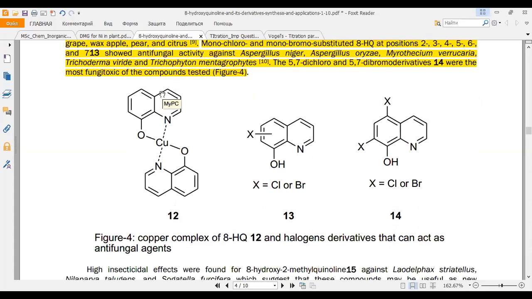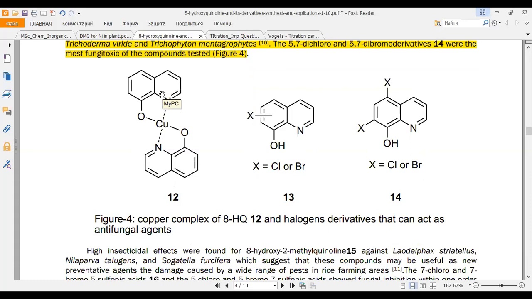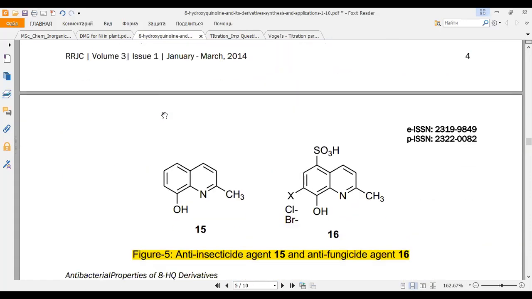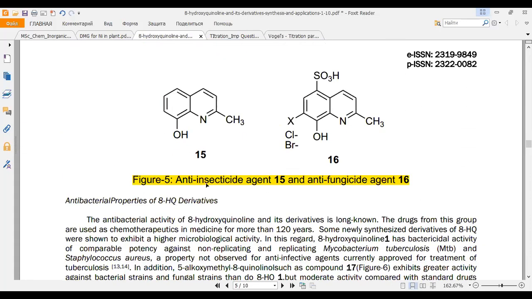So you can see the compound of Cupferron, compound of 8-hydroxyquinoline can be used as a fungicide. The derivatives can also be used as insecticides to kill insects, and as fungicides. So these are the derivatives of 8HQ.